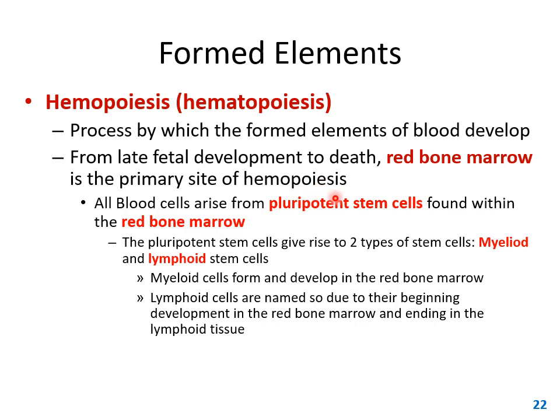Now, when a pluripotent stem cell decides that it's going to become either a white blood cell or a red blood cell or a subtype of a white blood cell, it is going to take one of two paths. It's going to either go through the myeloid path or the lymphoid path. And that's going to be in our next slide here.